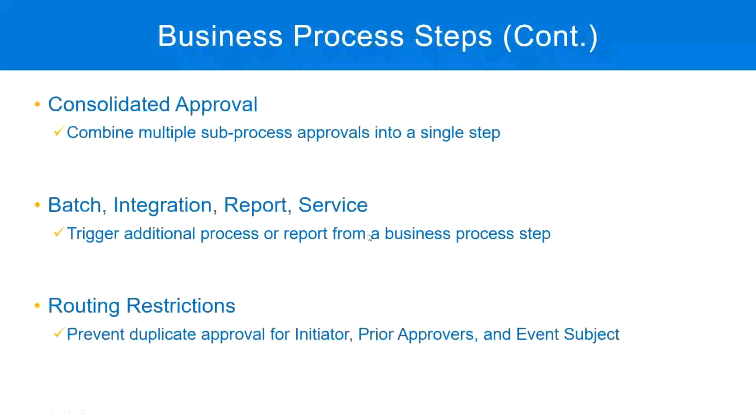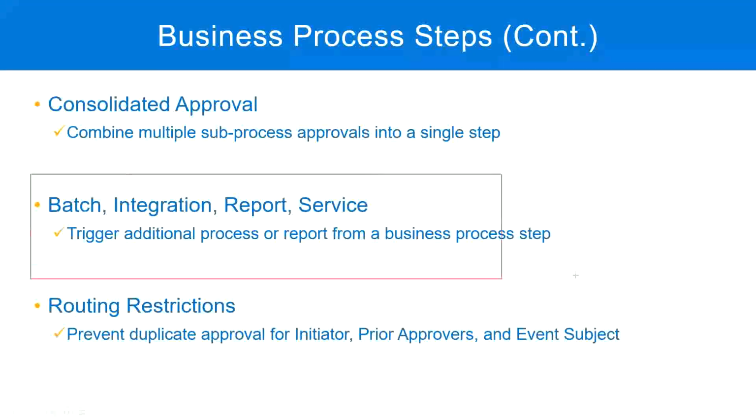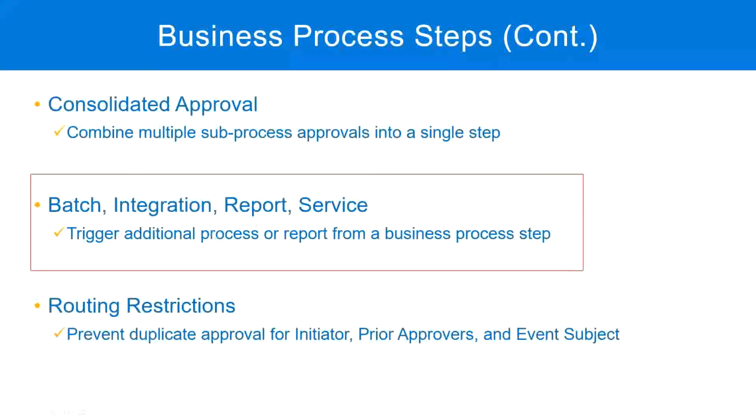So there are some other types of tasks that we can also have from within a business process, like a batch, an integration, a report, or a service. We can trigger all of these from within a business process. You can trigger an integration, a report or a service. We will use this a lot when we are talking about integrations.